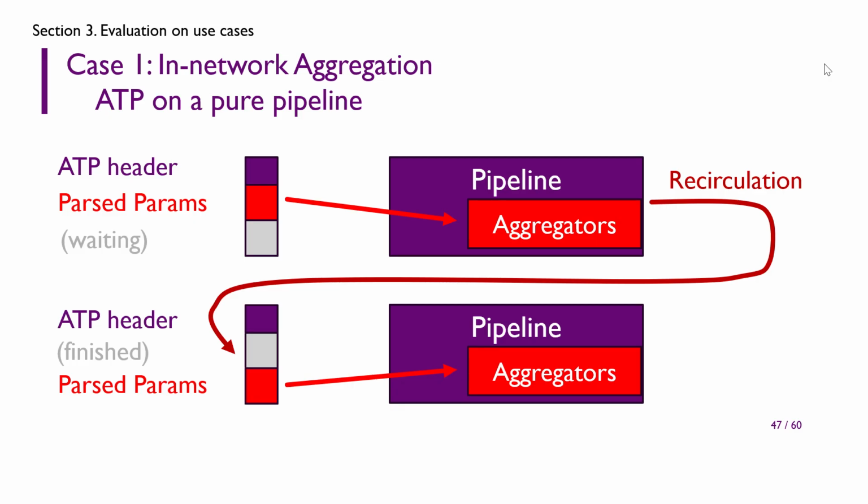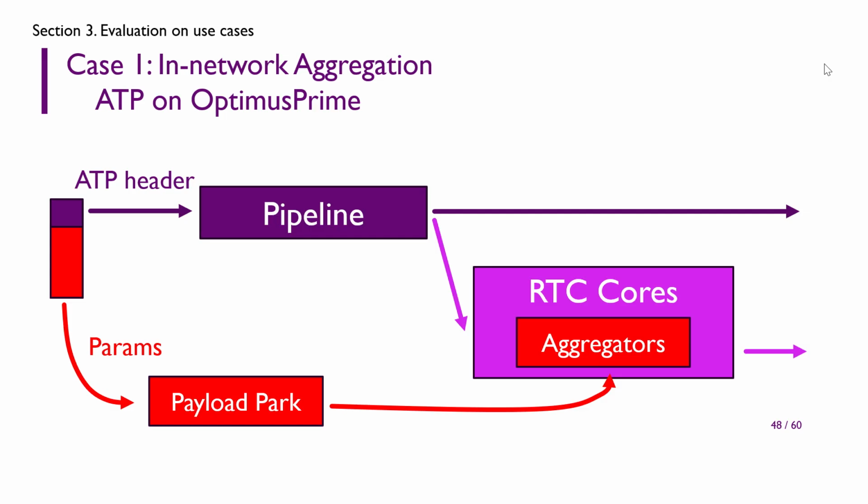The limits of the pipeline make it only support a limited number of aggregation dimensions within one pass, and packets carrying more parameters requires a recirculation. The implementation on OptimusPrime retains the 4-stage pipeline for handling the ATP header, and we allocate the aggregation task to the RTC cores.